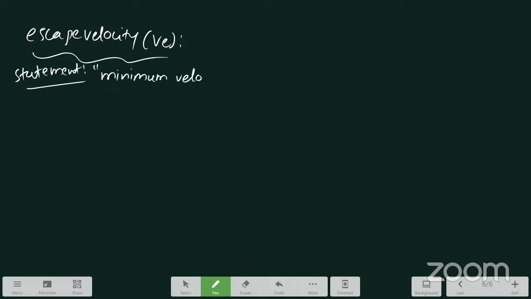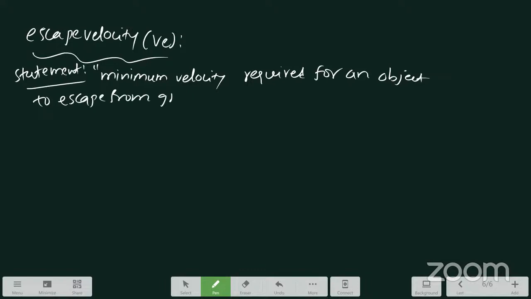Escape velocity statement: minimum velocity required for an object to escape from the earth's gravitational pull. Then after, kinetic energy equals gravitational potential energy. Kinetic energy is half m v square.